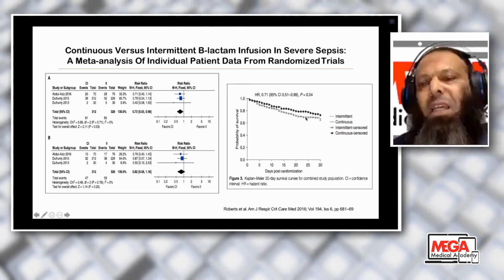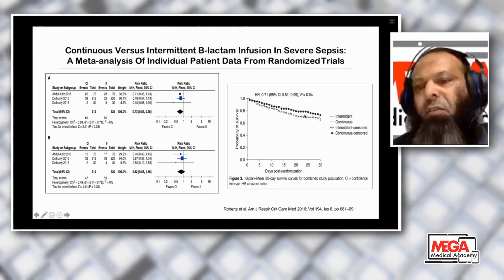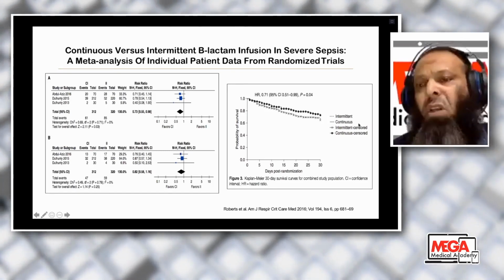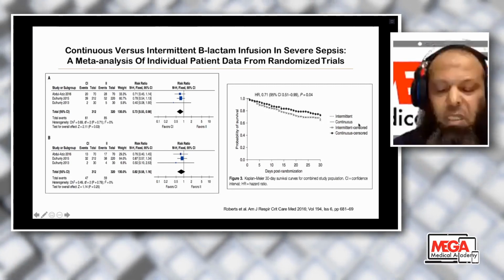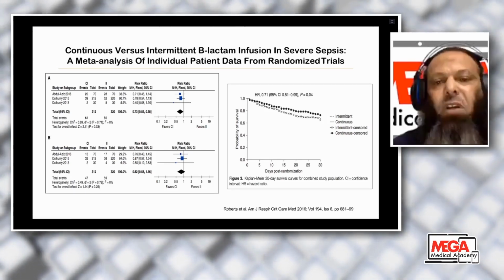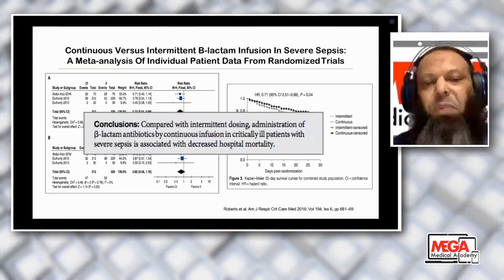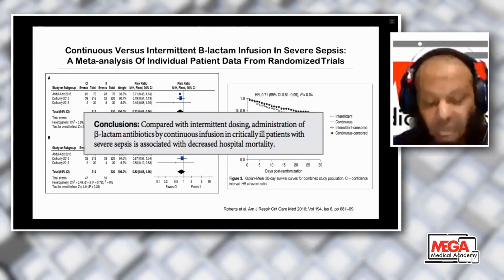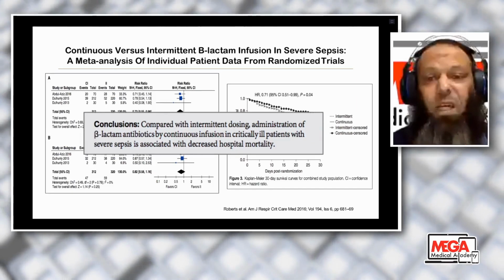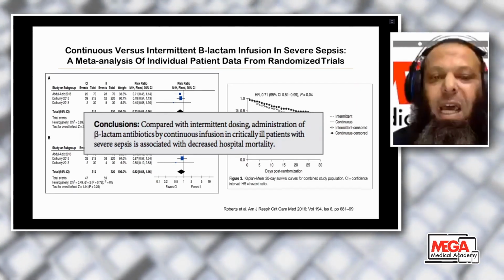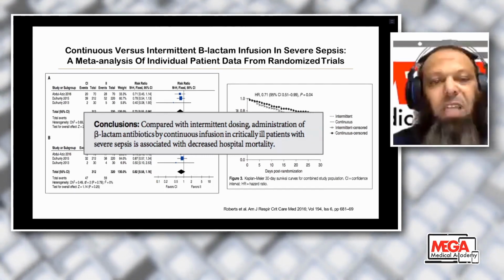While here the Kaplan-Meier curve shows the 30-day mortality reduction with using continuous infusion of antibiotics compared to the intermittent. So they concluded that compared with intermittent dosing, administration of beta-lactam antibiotics by continuous infusion in critically ill patients with severe sepsis and septic shock is associated with decreased hospital mortality.